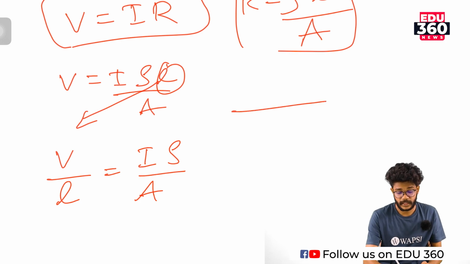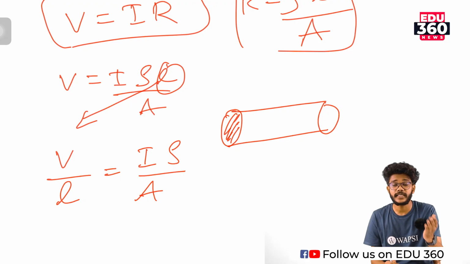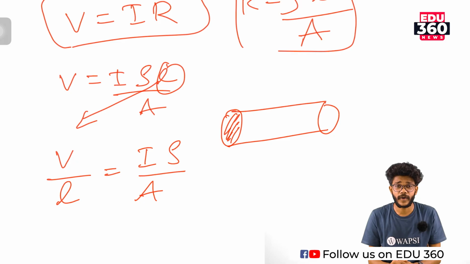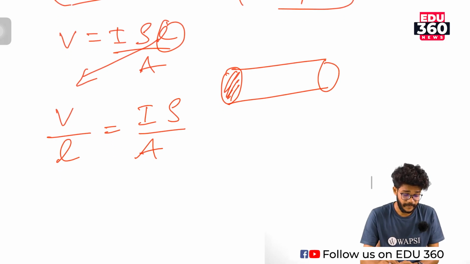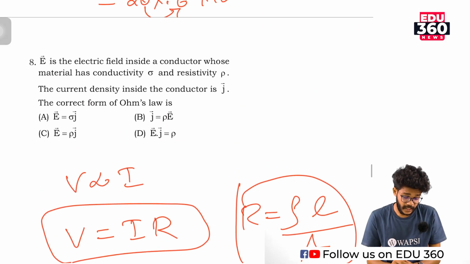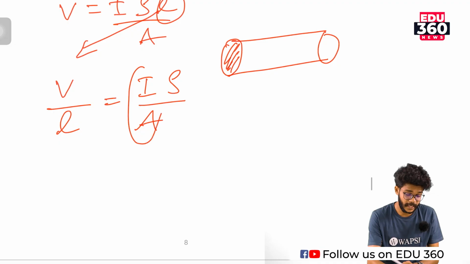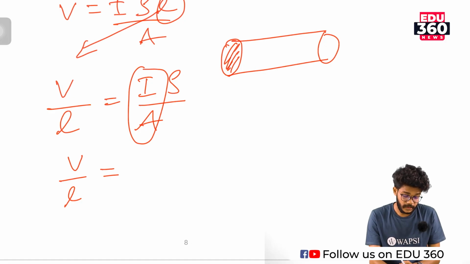Okay, this is the conductor and this area is A. The current per unit area, what do we mean by that? That is given inside the question, current density J. So we can substitute I by A as J. V by L, voltage per length, is equal to J into rho.